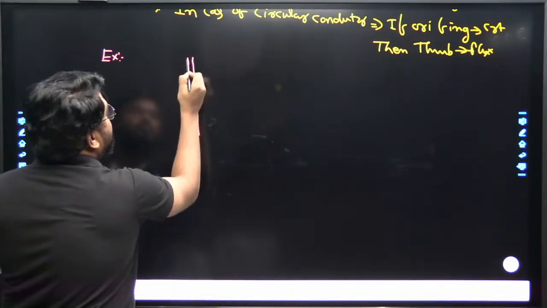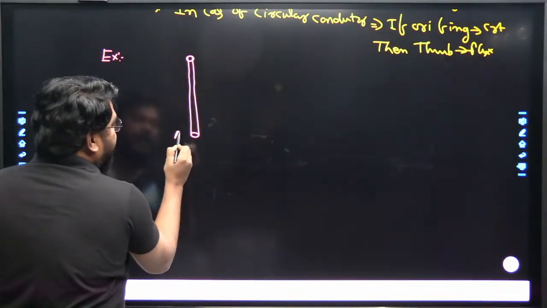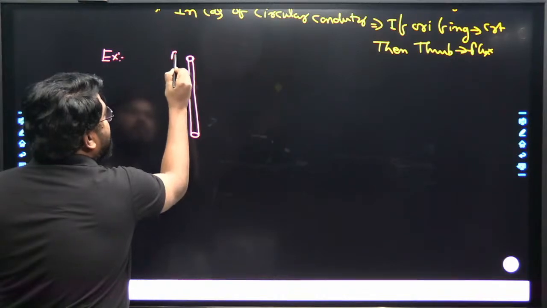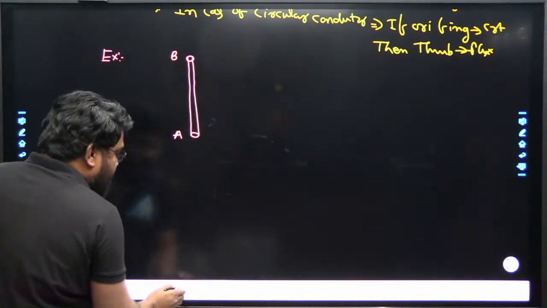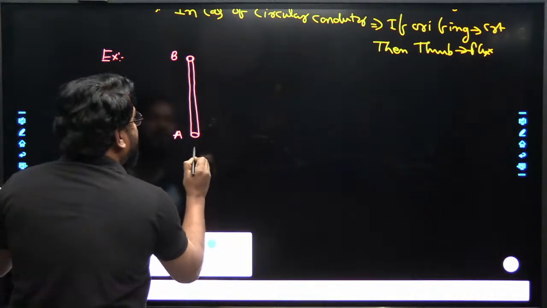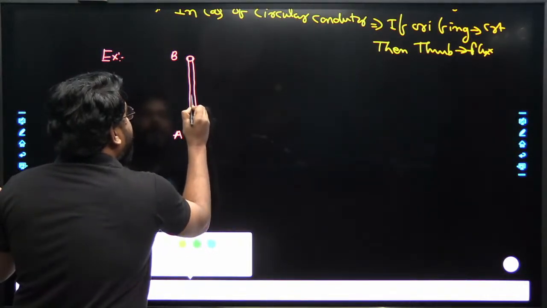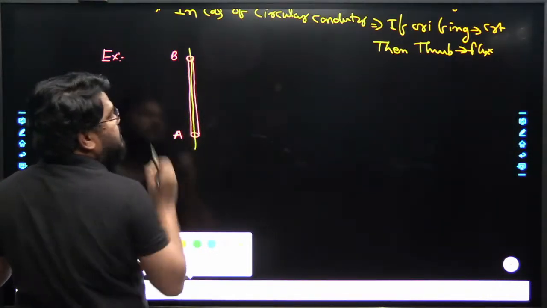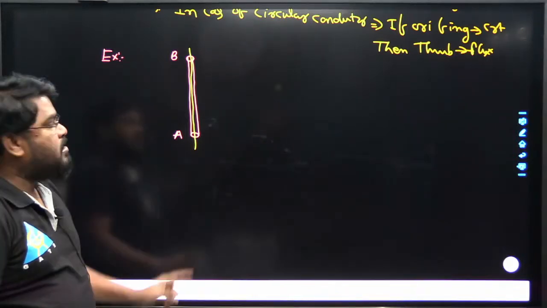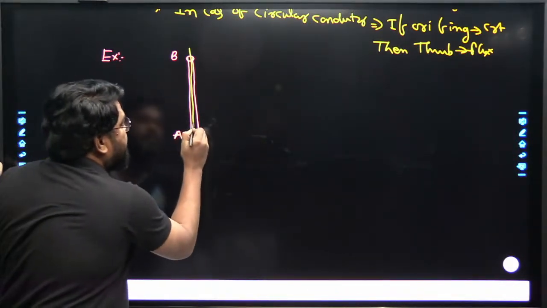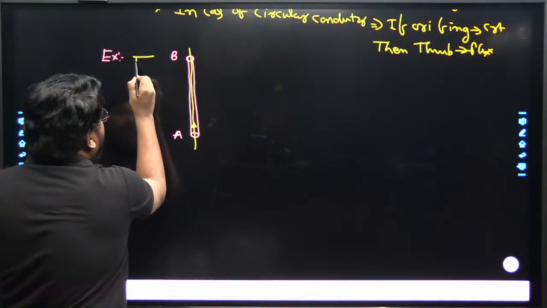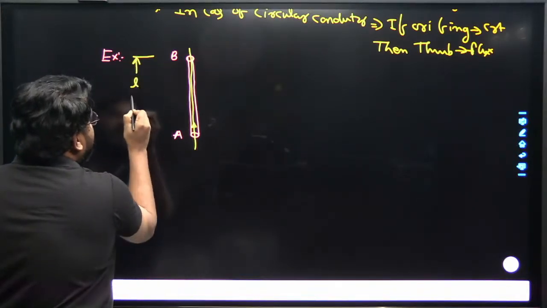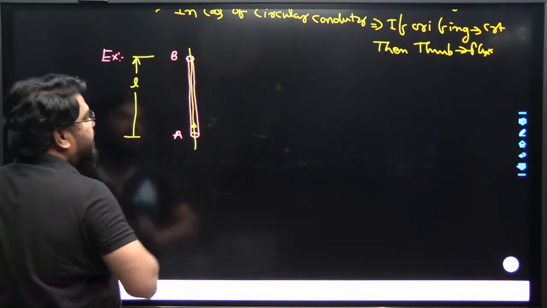Let us assume this end is A and this end is B. Assume the current flows in the straight conductor from the A to B terminals, like this. This length is the length of the straight conductor.